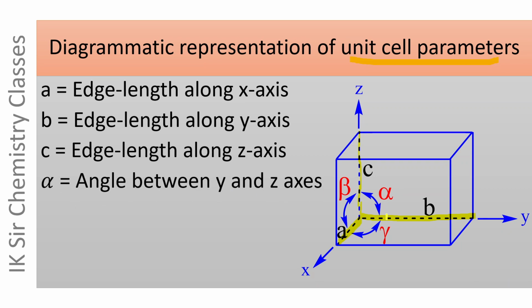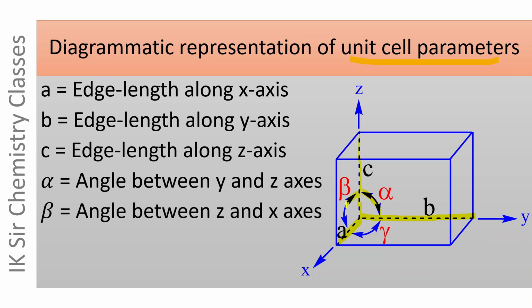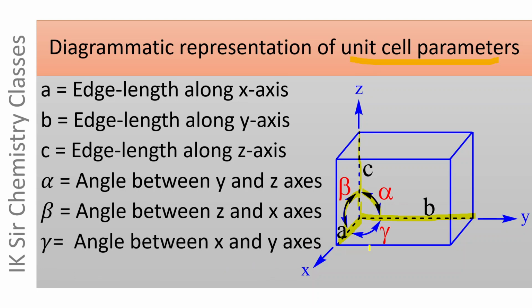Alpha is the angle between the y and z axes. Beta is the angle between the z and x axes, while gamma is the angle between the x and y axes.